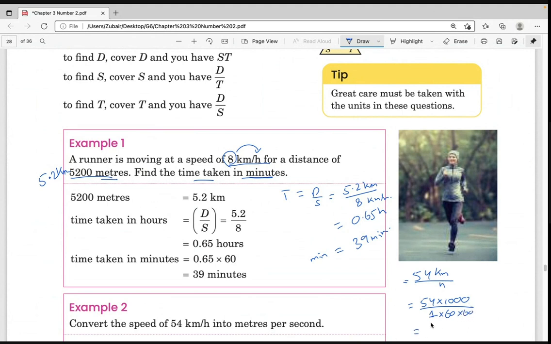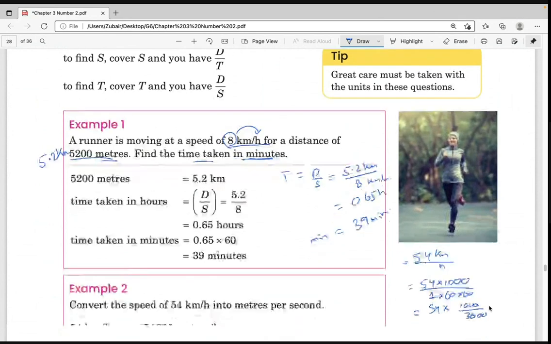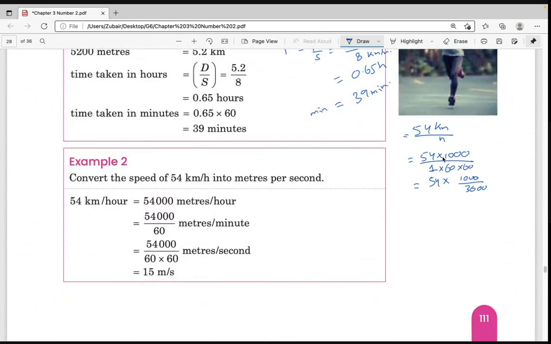So I can also write 54 into 1000 over 3600. When we simplify, this becomes 5 by 18. You can also write 5 by 18 directly if you can memorize it, or you can keep it this way.